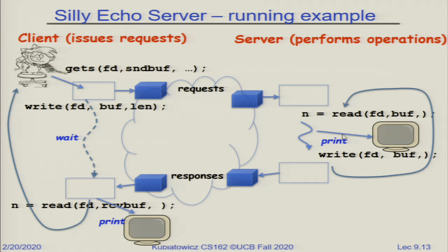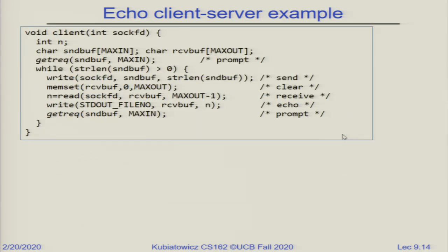Okay, good. Now, how would that server actually look? Let's start looking at some real code here. The client has the file descriptor of the socket. So somehow we've opened the socket and connected it. I haven't told you anything about how that works. So somehow these are connected. Trust me. But that file descriptor comes in as an integer. I have a buffer for sending and receiving set up.